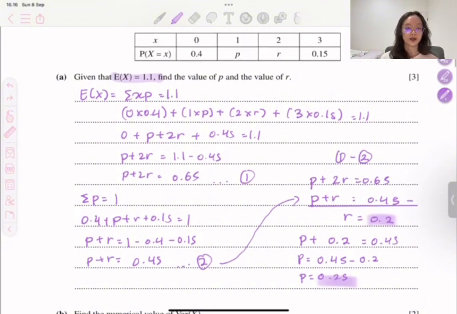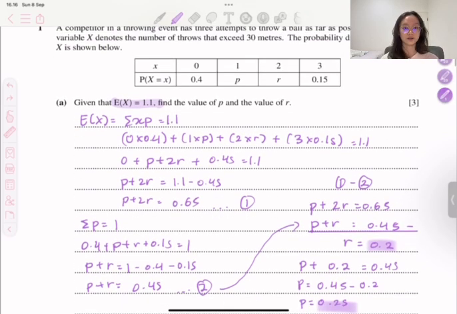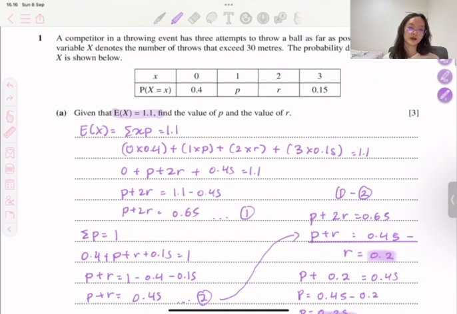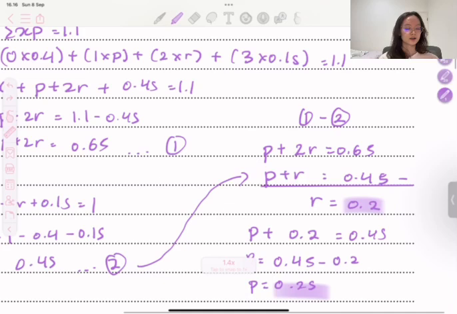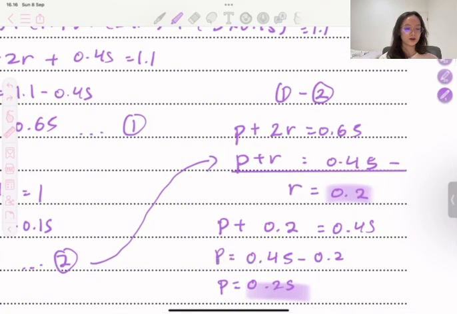Now that we have our 2 equations, we can eliminate by subtracting the second equation from the first. You can also use the substitution method, but here I will show the elimination method as I find it easier. So we have p plus 2r equals 0.65 and p plus r equals 0.45.